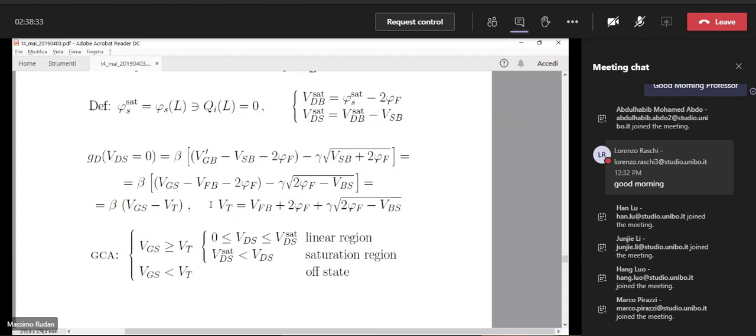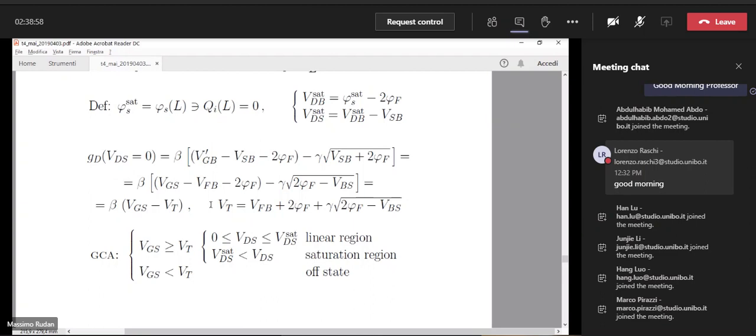So in circuits, if it is possible, but it is not always possible, in order to avoid the body effect, the source contact is shorted with the bulk contact, okay?